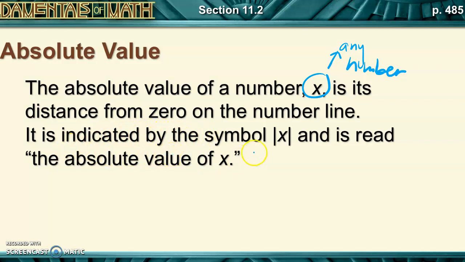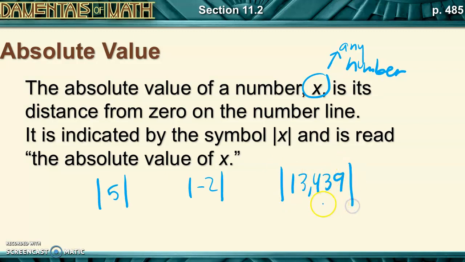It is indicated by this symbol, where we have 2 straight lines, and it is read as the absolute value of x. So this would be the absolute value of 5, or the absolute value of -2, or the absolute value of 13,439. All of these are absolute values because these are the official symbols that indicate absolute values.